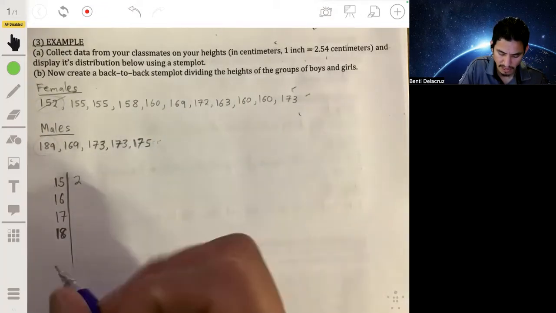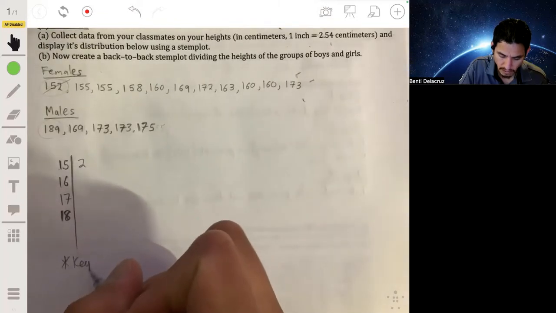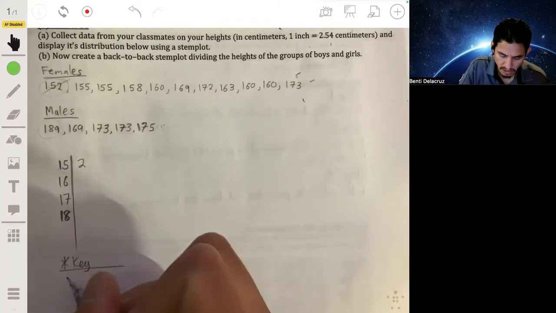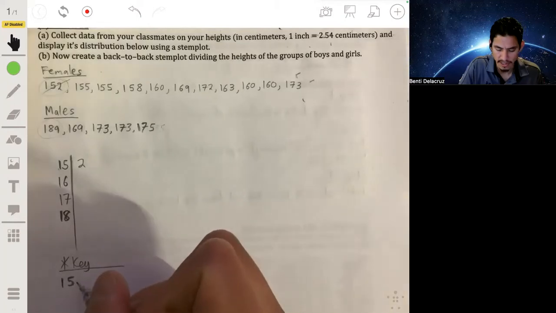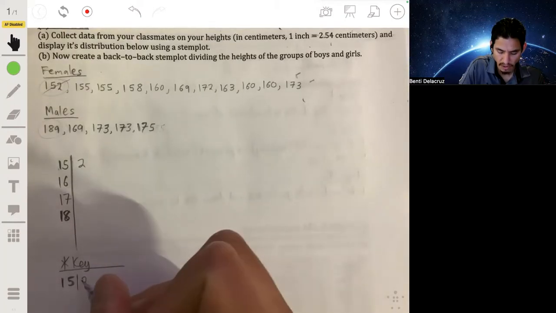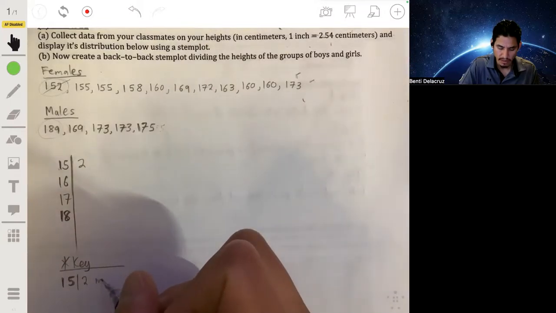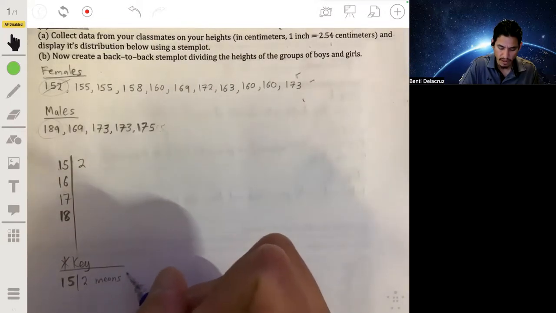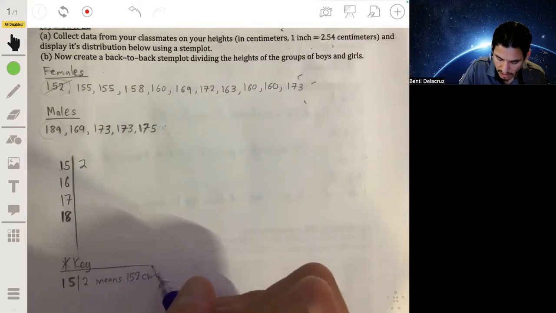When I do this, I'm going to make a key. Always make a key when you have these so that readers know what your units are and how to read your graph easily. So if I put 15 and then 2, that's going to stand for 152 centimeters.